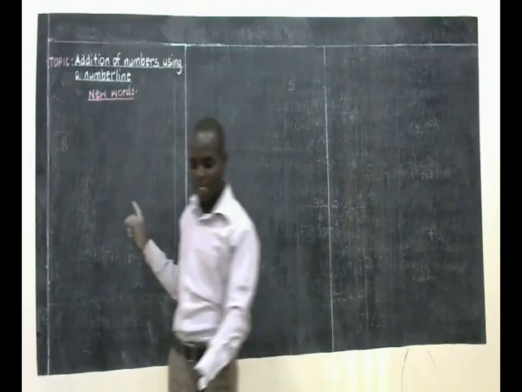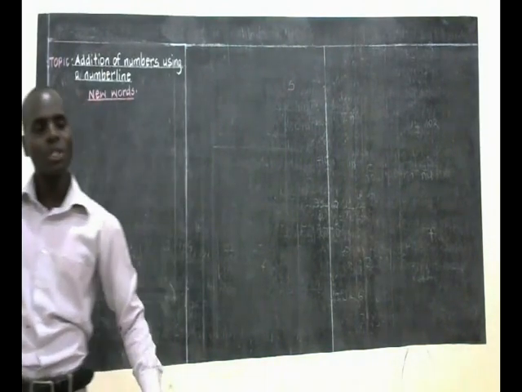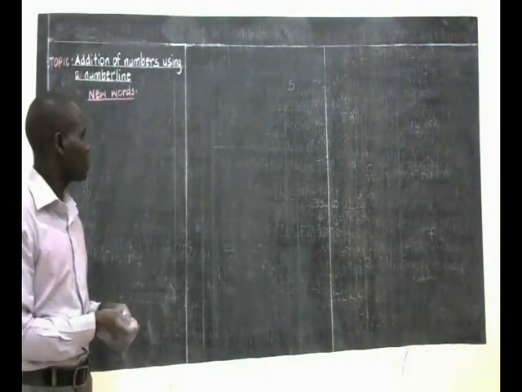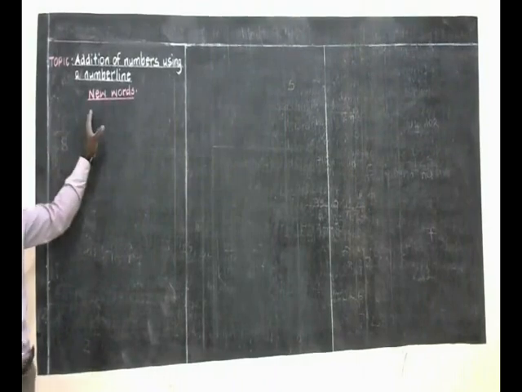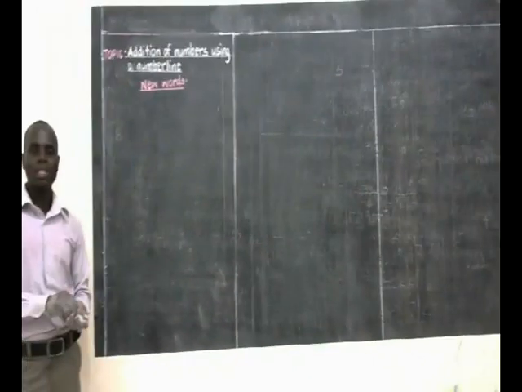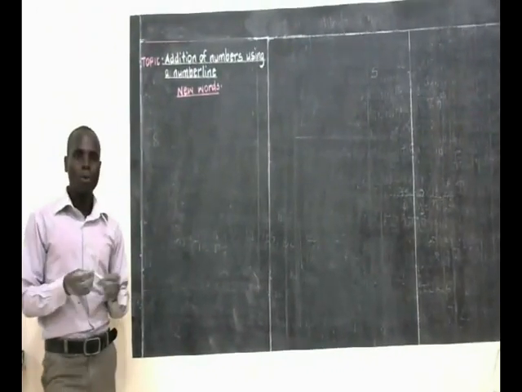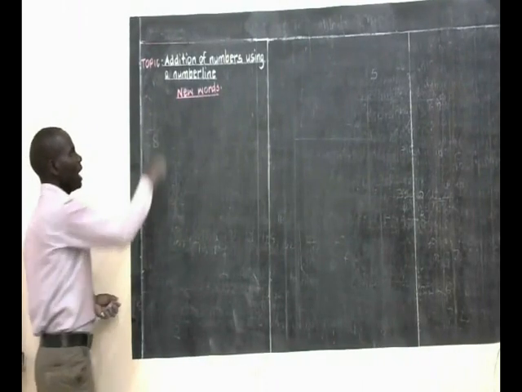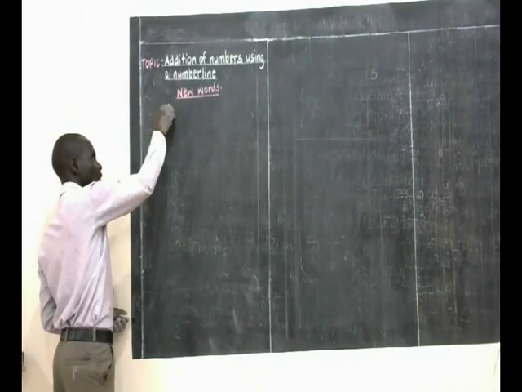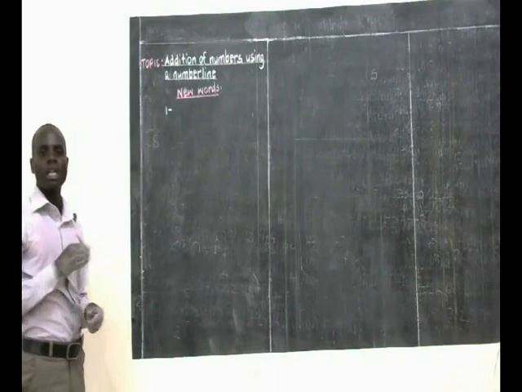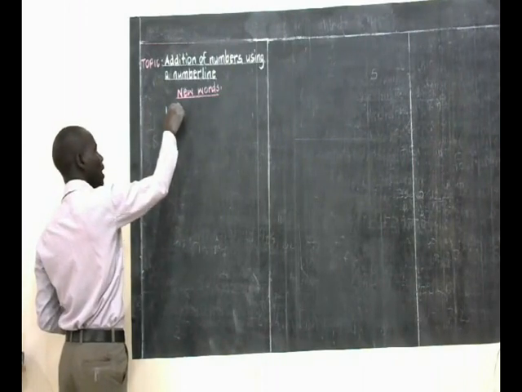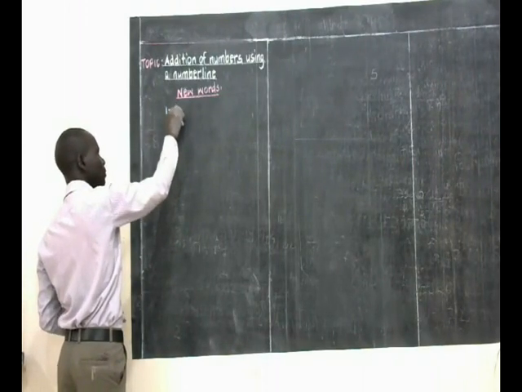But before we look at how we can add numbers using a number line, we have first to look at some of the new words. The first new word is number line.